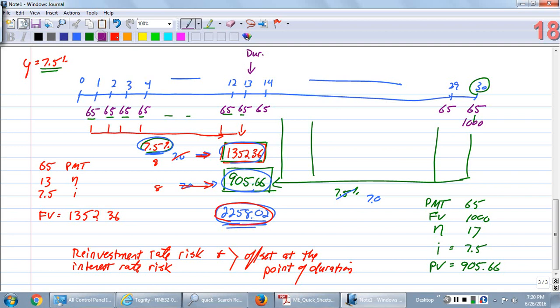So any change in your reinvested cash flows because interest rates change will be exactly offset by the change in price. So you have a known outcome.